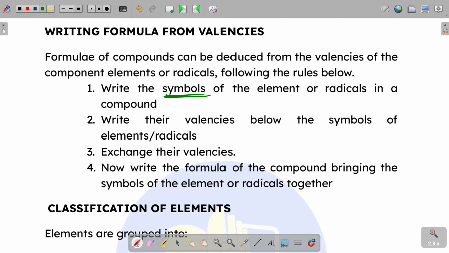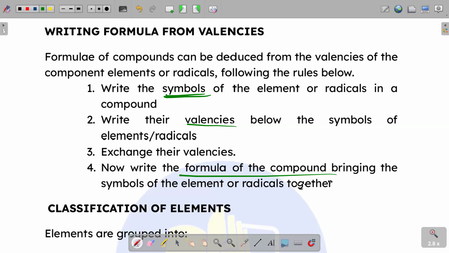Then the next step is you write the valences of those elements in the compound. You write it below. Then we exchange the valences. We are going to do an example in a minute. Okay, and from there we'll be able to derive the formula of the compound.